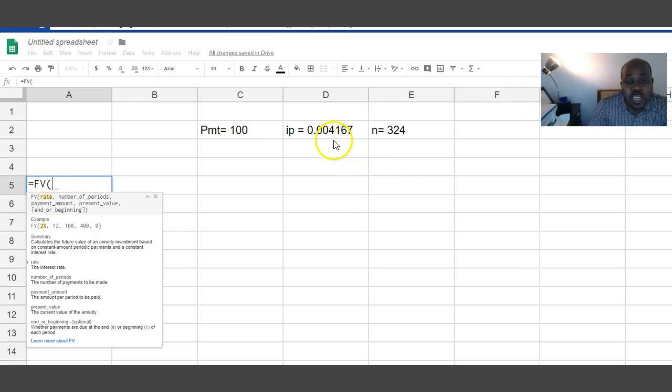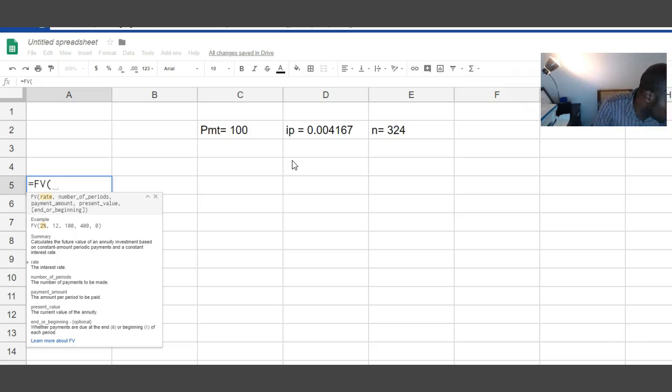So it was 5%, but remember 5% is for every year. So we need 5 divided by 12. Okay, that's going to give us 0.417%. So in decimal value, we divided by 100. That's going to give you 0.004167. So that's going to be the rate.